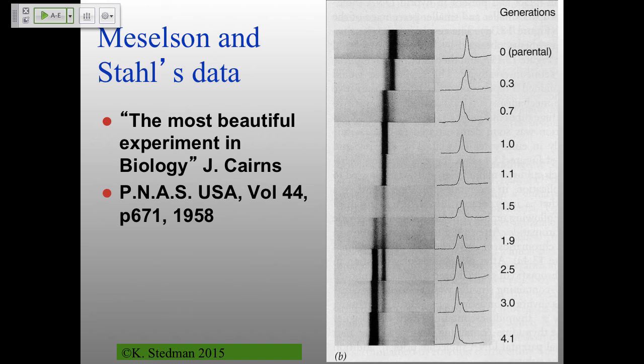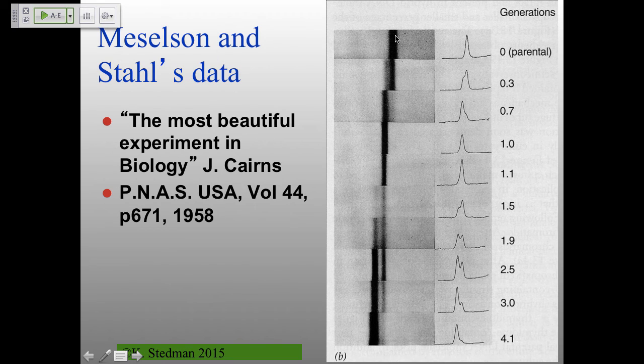Conservative is ruled out. Now, if you keep going up to about 2 generations, now you start to see 2 bands, and after 4 generations, you can still see this hybrid band here, which is somewhat less dense than what you started with. But most of this is here.